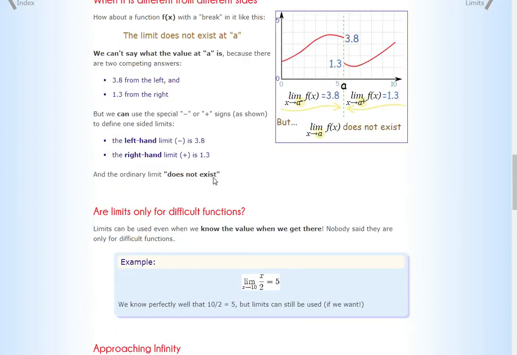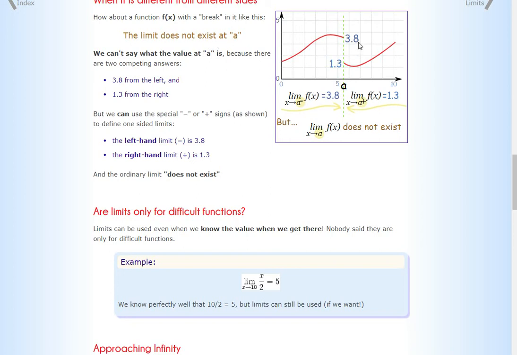If you have two sides of the function and they do not approach the same value from both sides, this is when we say the limit does not exist. Okay, so if a limit does not approach the same value from both sides, we would say the limit does not exist. And here is an example.